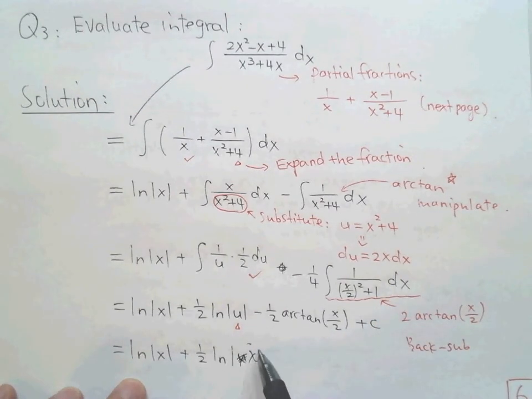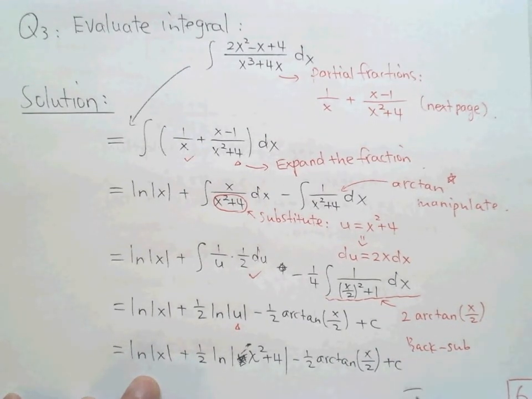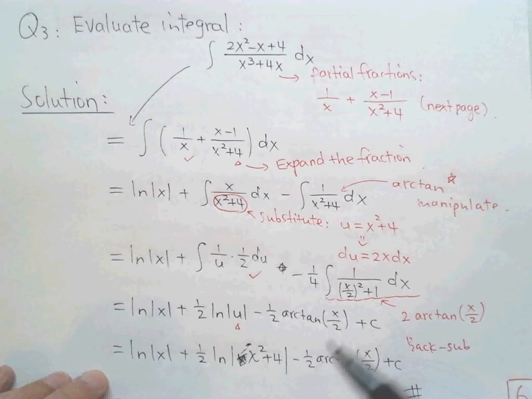So we plug in, x squared plus 4. And then just copy 1/2 arctangent of x over 2 plus c. Yeah, that's the answer. We look at it very long.